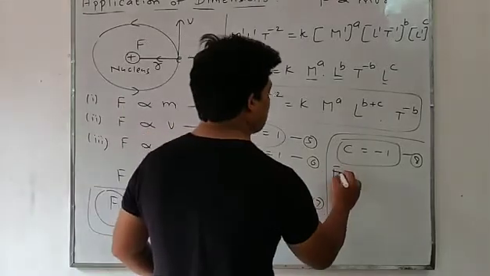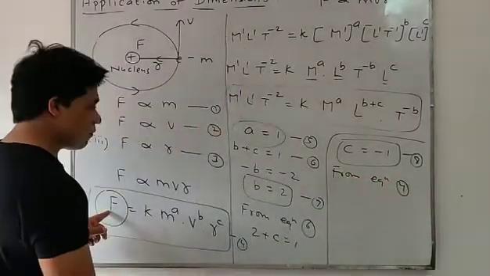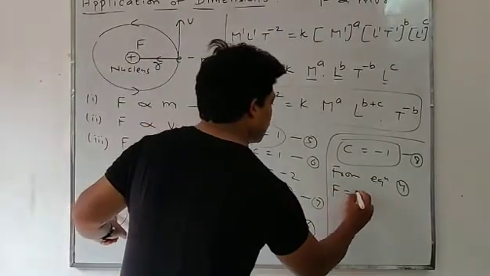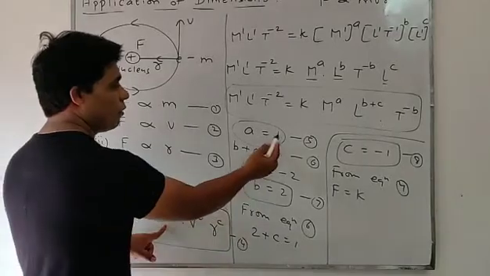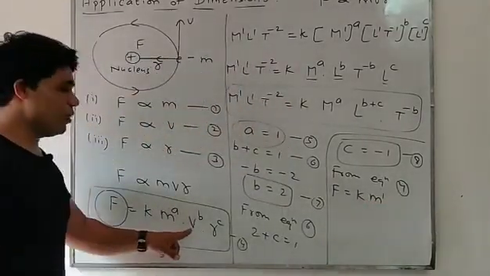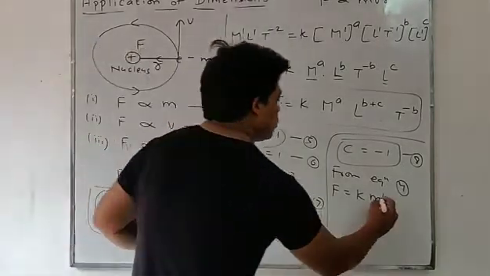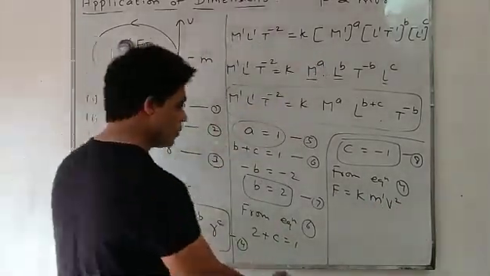So write, from equation 4, F equals K M power A. What is A? 1. So M power 1. V power B. What is B? 2. So V power 2. R power C. What is C? Minus 1.